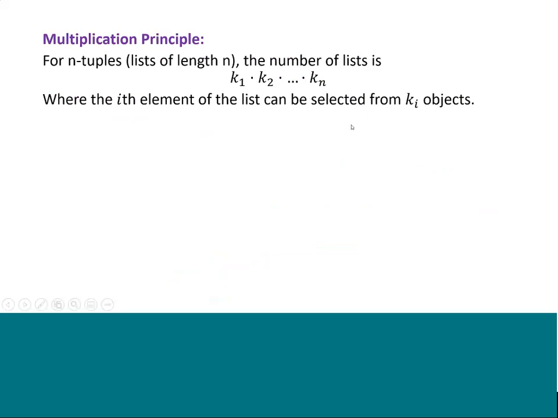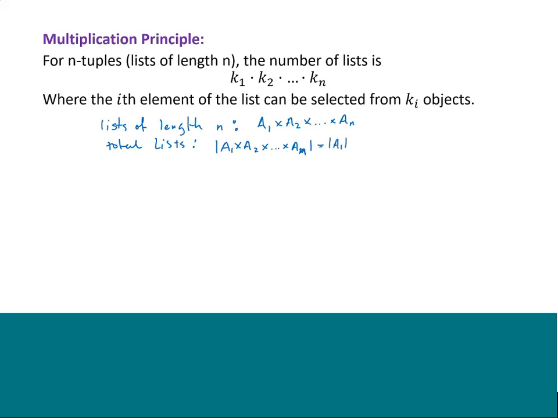Okay? Notice what this is, and let me go ahead and tack this on down here. For your list of length n, a list of length n refers to a cross product of 1, 2, dot dot dot, n sets, which means that your cardinality, or the total number of lists, would simply be the cardinality of that cross product, dot dot dot, which is the product of the cardinalities of those individual sets.